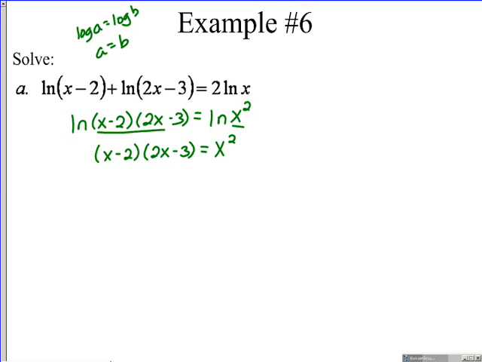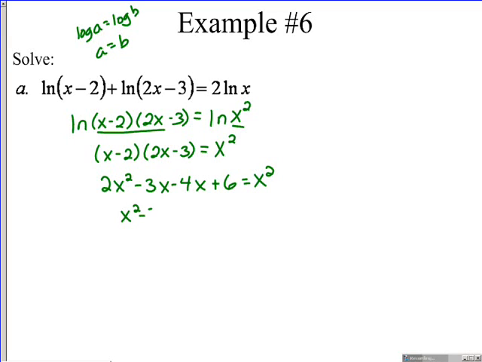Now we have a quadratic equation. What do we do when we have a quadratic equation? We get everything on one side, set equal to 0, factor, or use the quadratic formula. So in this case, on the left, I need to FOIL first. We get 2x squared minus 3x minus 4x plus 6 equals x squared. Get everything on one side. Subtract that x squared over.